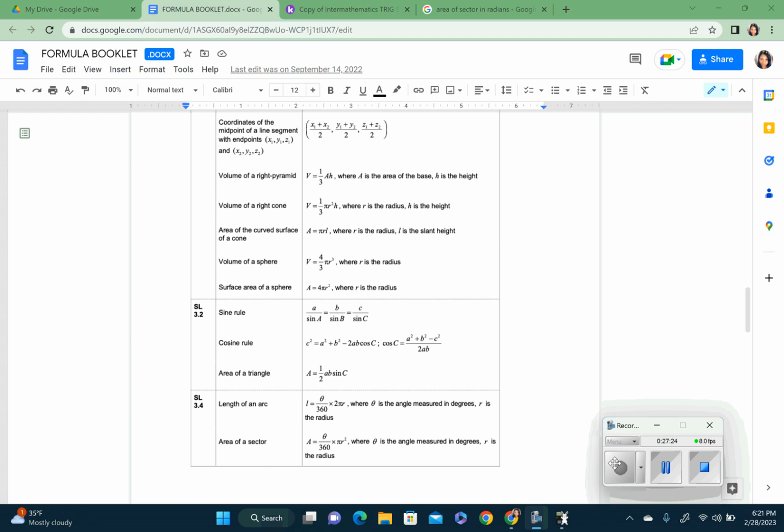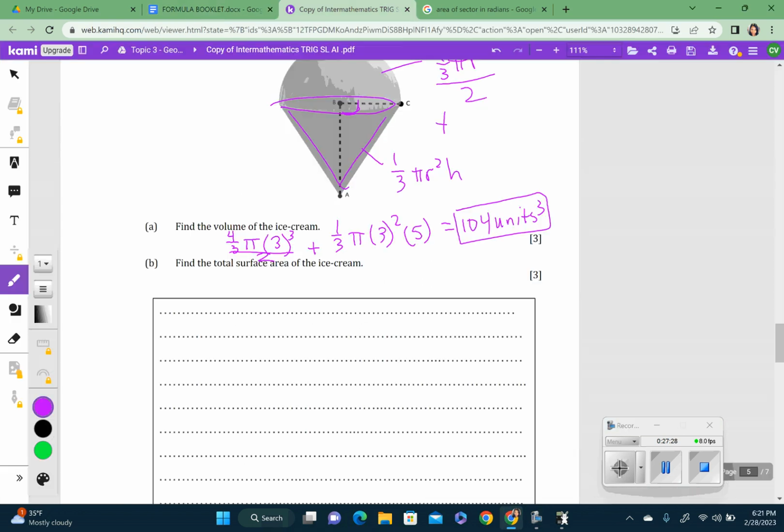So I'm going to come back over to the problem: 4 pi r squared, but this is going to be divided by 2 because we only have a hemisphere. And then we're going to add the surface area of the cone.